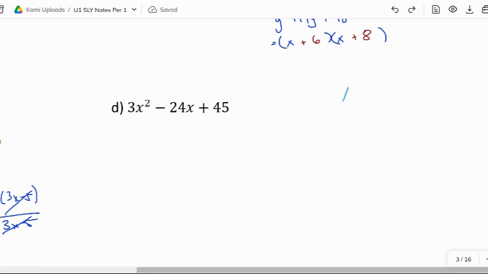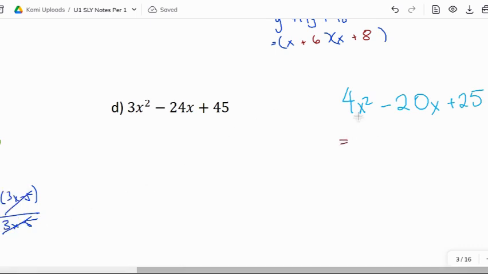I'm going to make one up. 4x squared minus 20x plus 25. So I'm like, okay, first and last term have a square root. That's 5, that's 2x, so 10x. So the question is, is this a PST? Is it a perfect square trinomial?